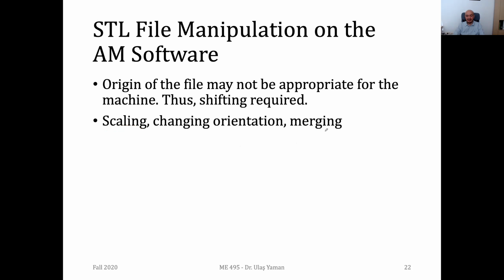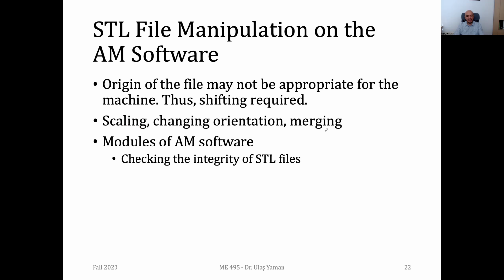Why is that? Your printing volume might be smaller and you may not be able to print a large part, which is why you may need to do some segmentation. And these simple operations can be done right on the AM software, or what we call computer-aided manufacturing software, CAM software. They can be done on the CAM software, like checking the integrity, which means checking whether the given file is watertight or not.